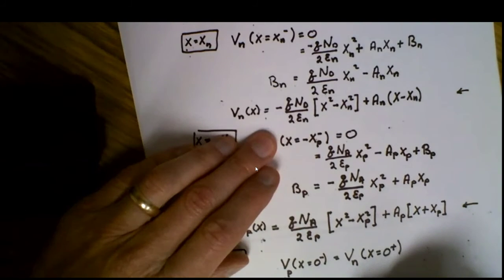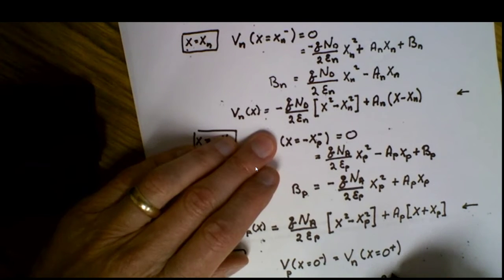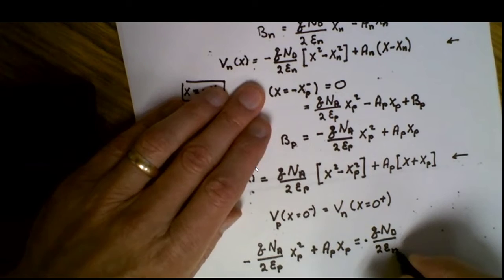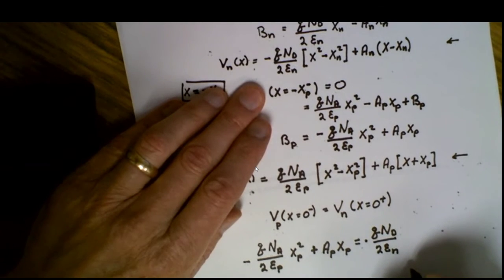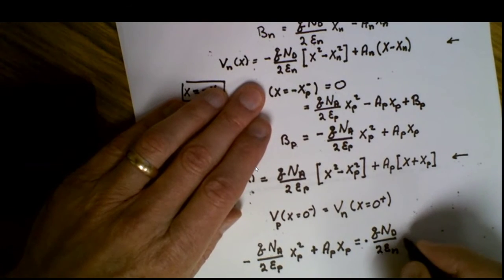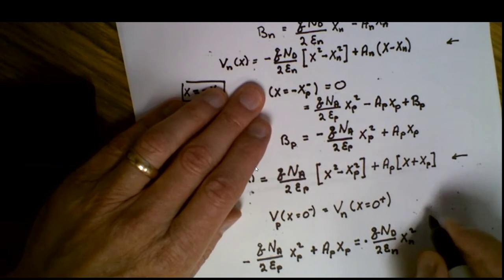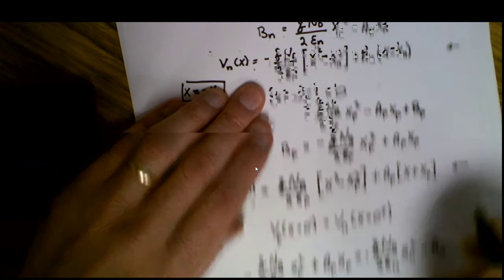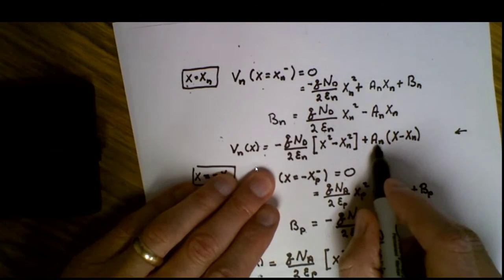So that's going to be Q times N sub D divided by 2 times the permittivity of the N material times x sub n squared minus a sub n times x sub n.